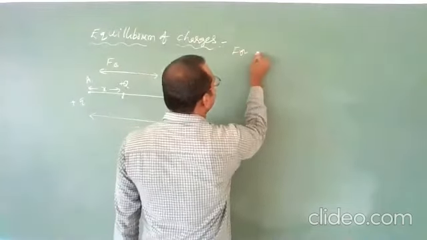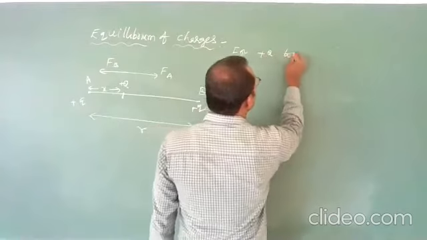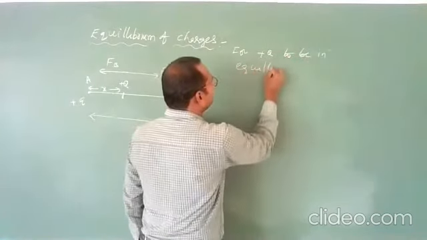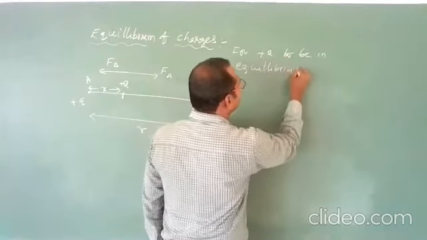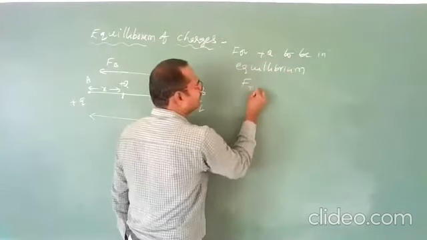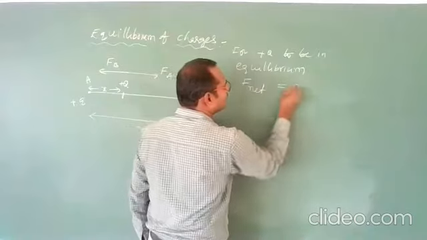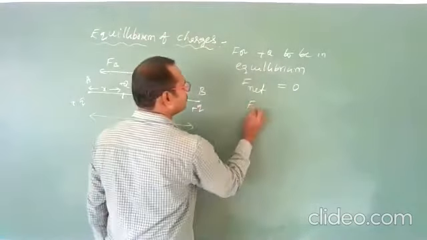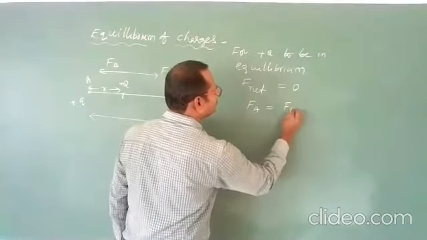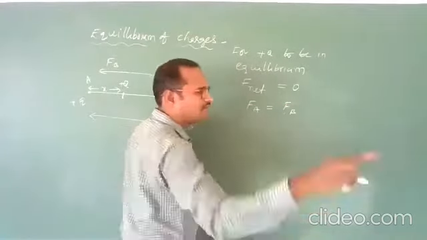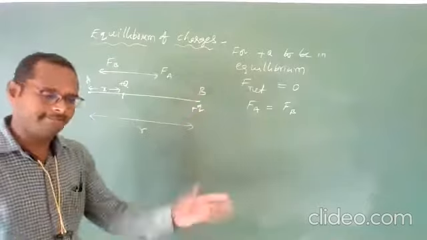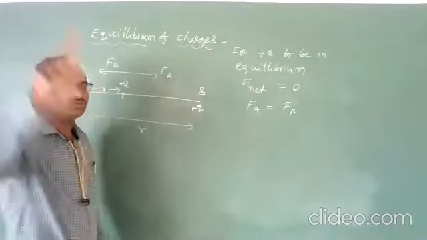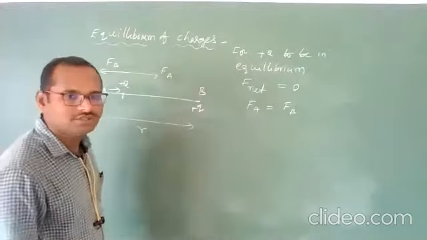For plus q to be in equilibrium, the net force on capital Q should be equal to 0. That means the force due to charge A should be equal to the force due to charge B.